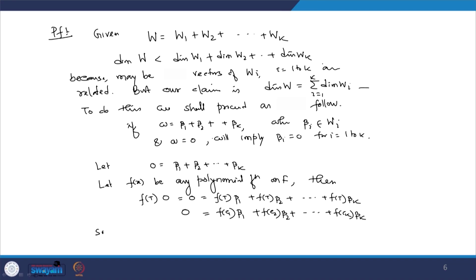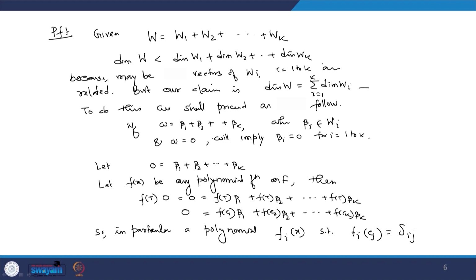So, in particular, take a polynomial fi(x) such that fi(cj) equals delta ij.